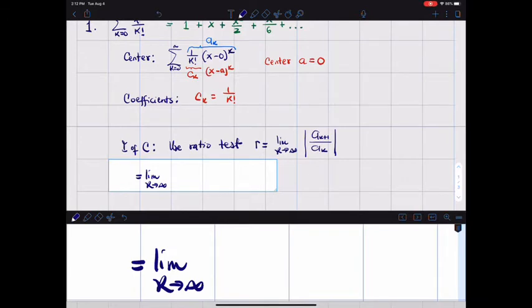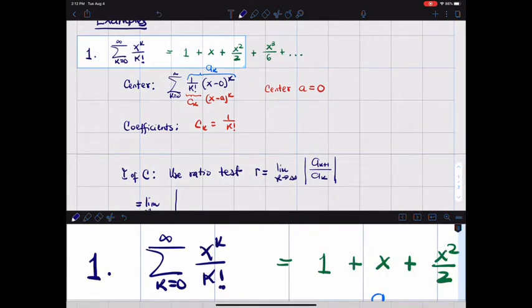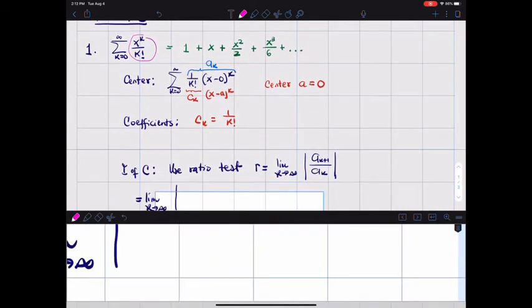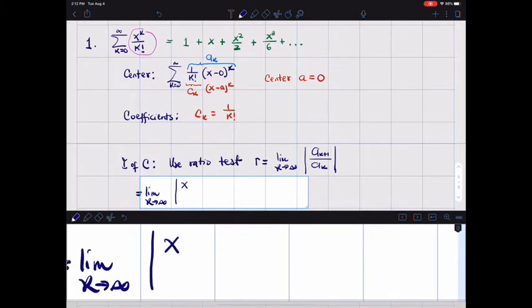Our ak plus 1 is 1 over k plus 1 factorial. So for ak plus 1, we're just going to go in here, and all the k's, we change to k plus 1. So we get x to the power of k plus 1 over k plus 1 factorial.